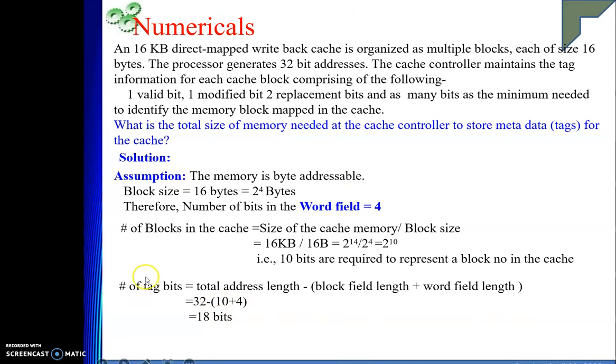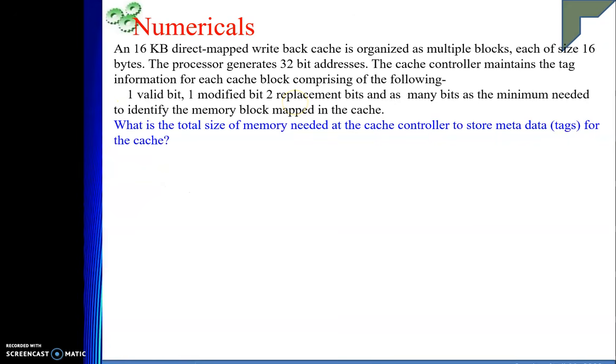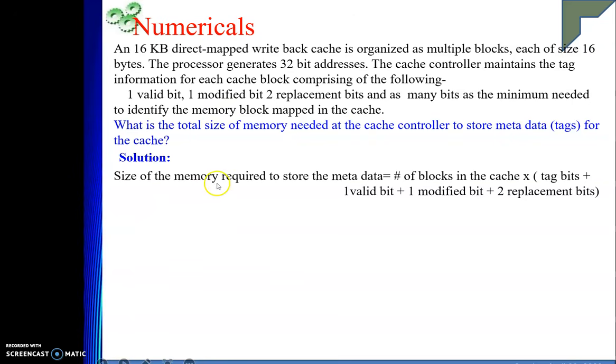This is for storing the tag part for getting a match in the cache memory. Along with that, some more bits are there that are given in the question, so we have to include them also in our solution. So the size of the memory required to store the metadata will be the number of blocks in the cache multiplied by tag bits, valid bit, modified bit, replacement bits. All this summation into the number of blocks in the cache, because all of them we are going to store in a blockwise fashion.